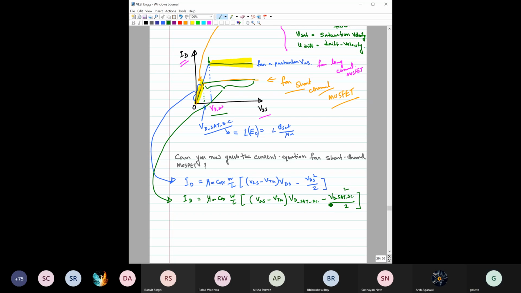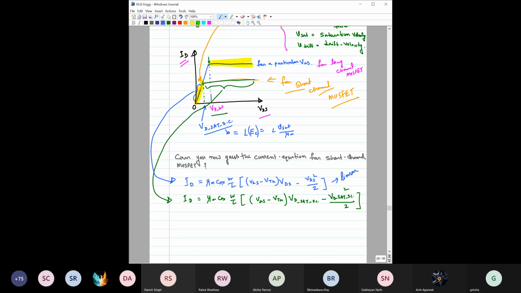Yes, sir. So again we have a relation for the current, gate voltage, and drain voltage for the long channel, and now also for the short channel. This expression is for the linear region and this is for the saturation region.